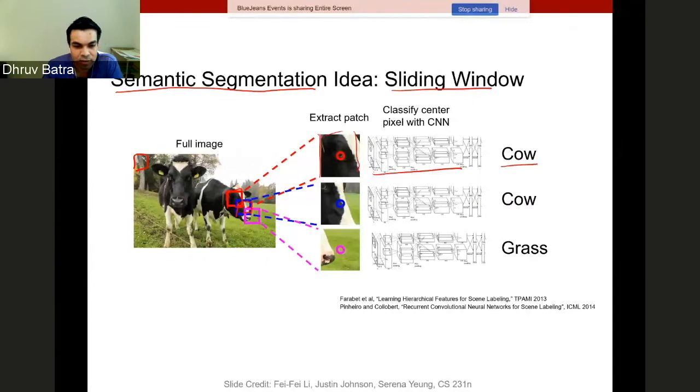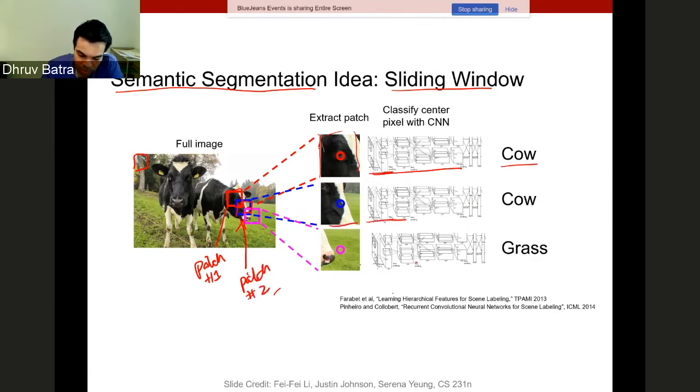This is the simplest and the most inefficient way of doing things, because you are doing a lot of computations that are nearly identical. If you have patch number 1 and patch number 2, and they are highly overlapping, think about the convolution operations that are happening at patch number 1 and patch number 2.